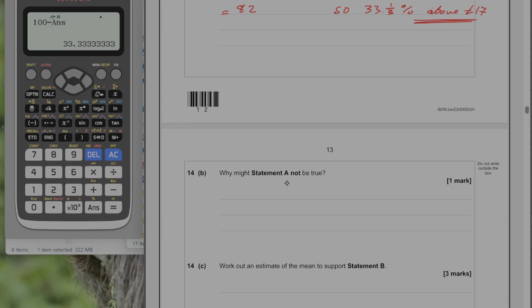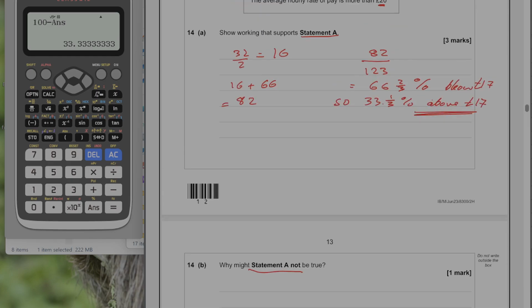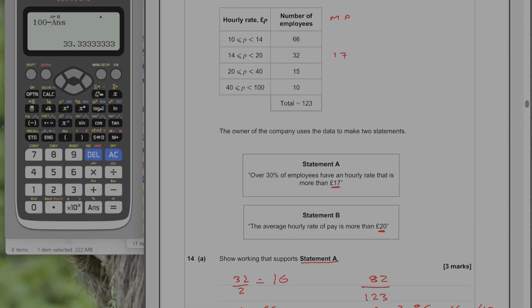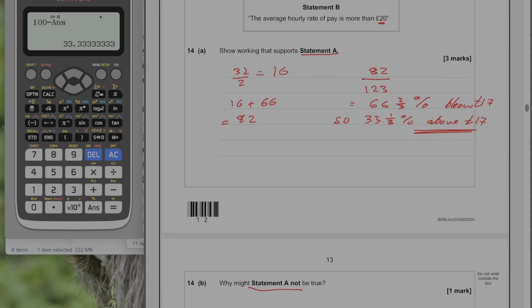Why might statement A not be true? So the distribution in this group might not be an even split.